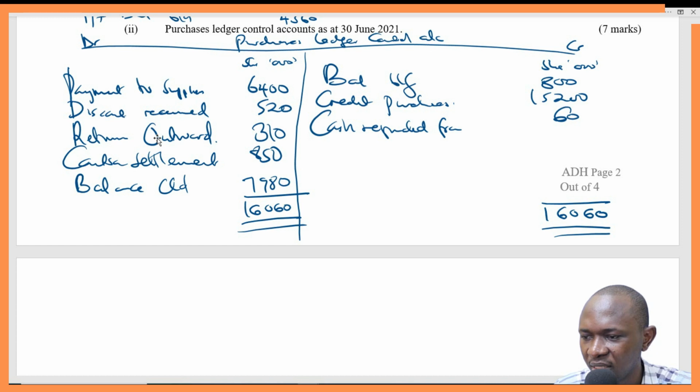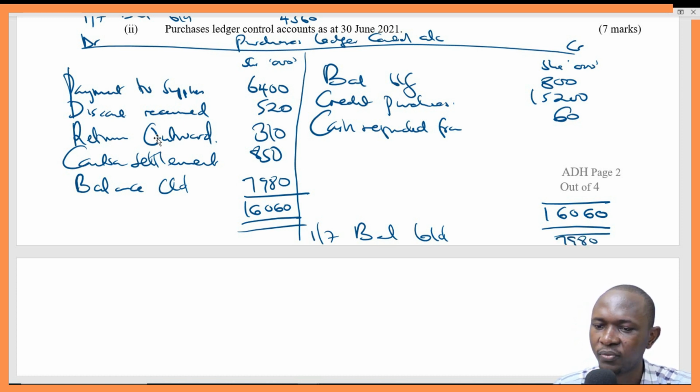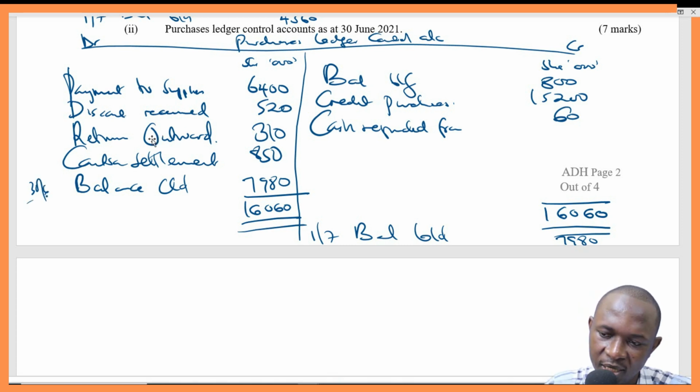So this is our balance carried down, which will also be on 1st July our balance brought down, 7,980. That's how it is, and this is normally on 30th June. The 7,980 balance carried down, 7,980 balance brought down.